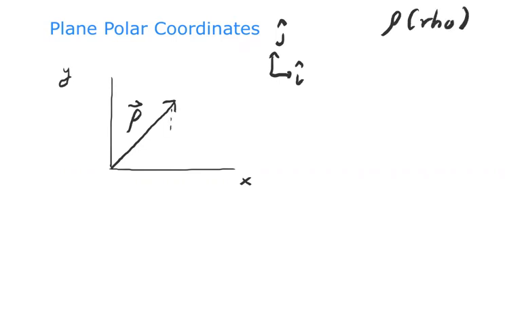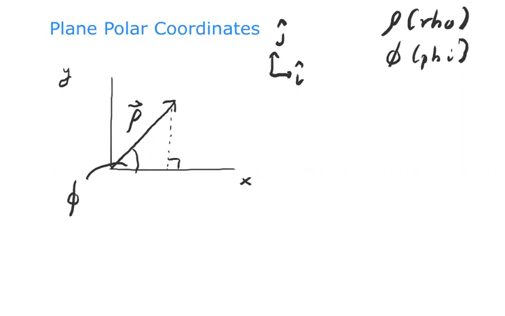And for this vector, you can construct a dotted line that's perpendicular to the x-axis, and you can define an angle, which we'll call phi, that the vector makes with the x-axis.